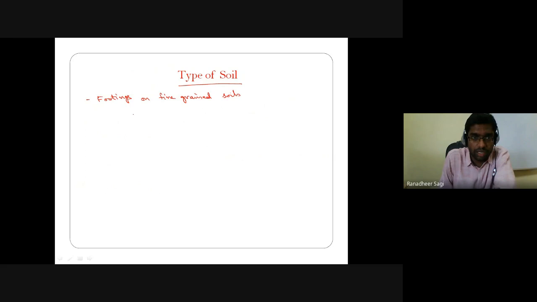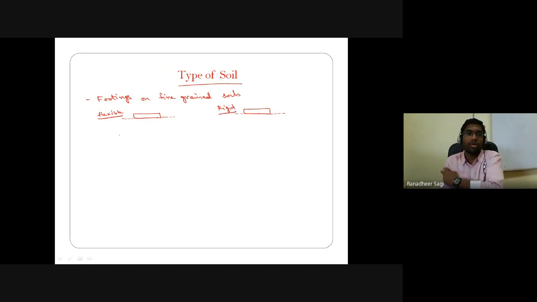If this is your case of the flexible footing, this is the ground or the footing level what I am indicating, and here is the case of your rigid footing resting on the ground or at the footing level what we are representing. So this is a case of flexible footing, this is a case of your rigid footing.